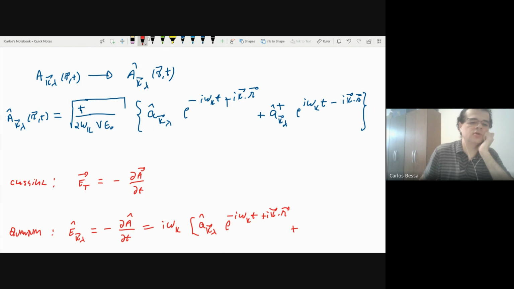Okay, the electric field, like in the quantum case, I'll just take the derivative of this for the transverse field. This, plus minus here.